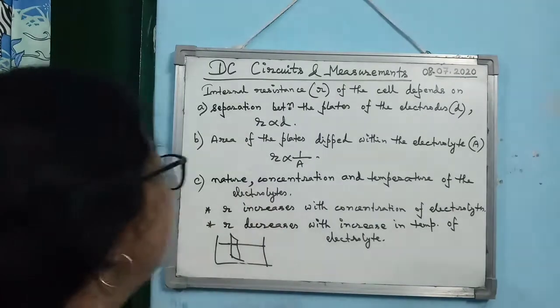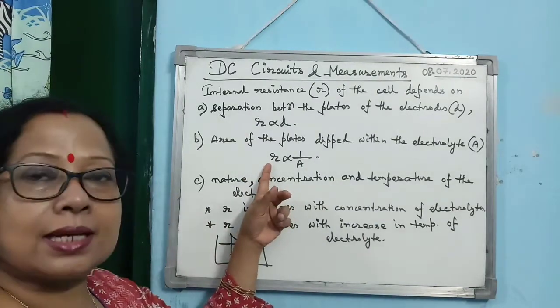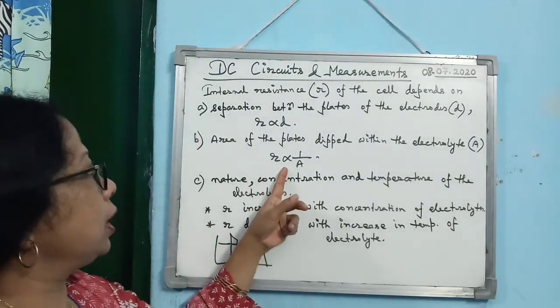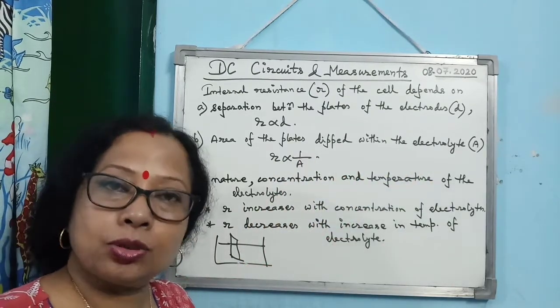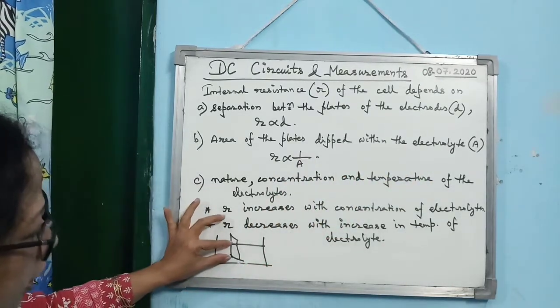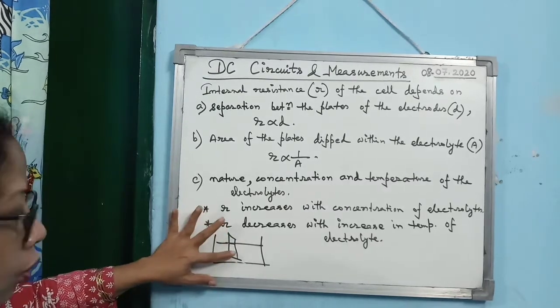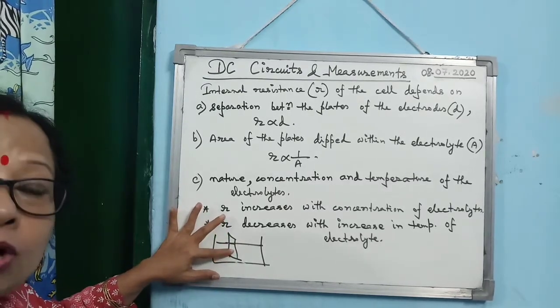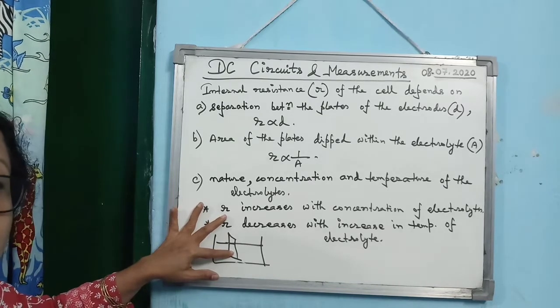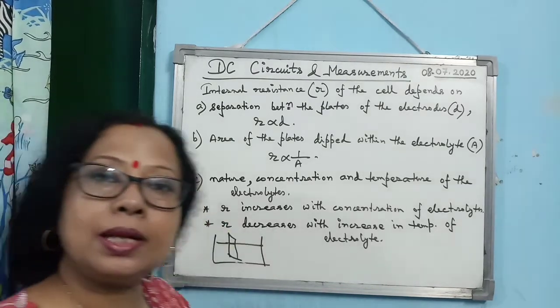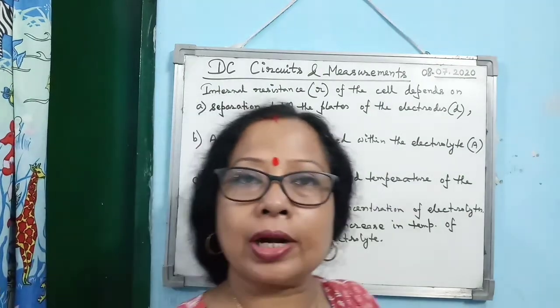Alright, so internal resistance is inversely proportional to the area of the plates dipped within the electrolyte. I am repeating, the more the area dipped within it, the more the number of electrons within the plate. So the amount of current will increase.